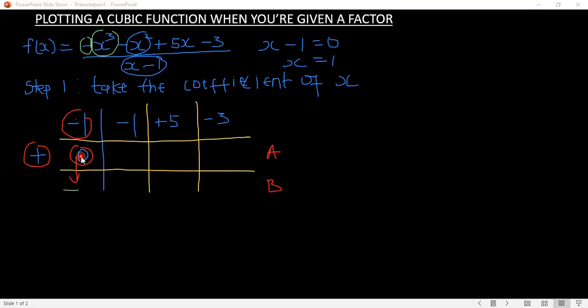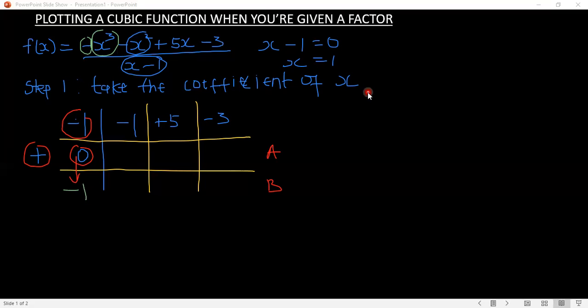Get -1. Then for this part, on layer A, we multiply by our x value. Our x value here is what? X is equal to +1.